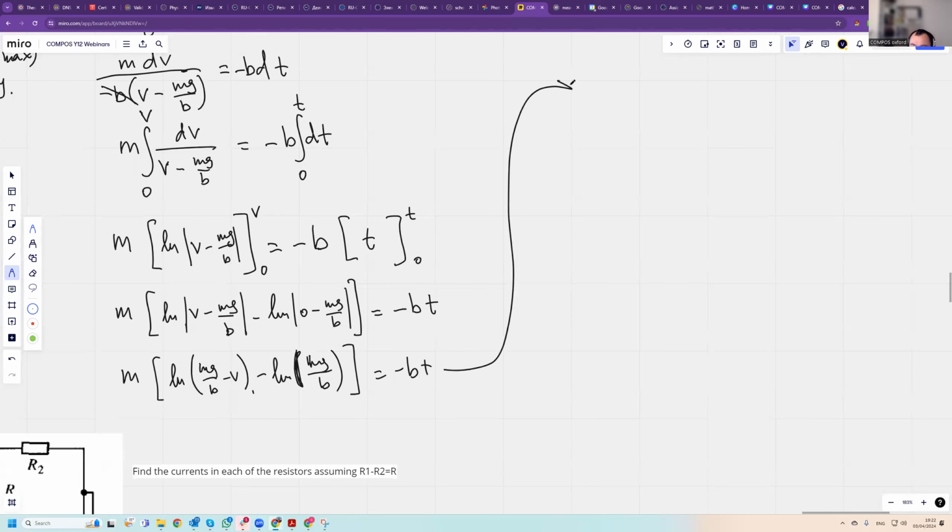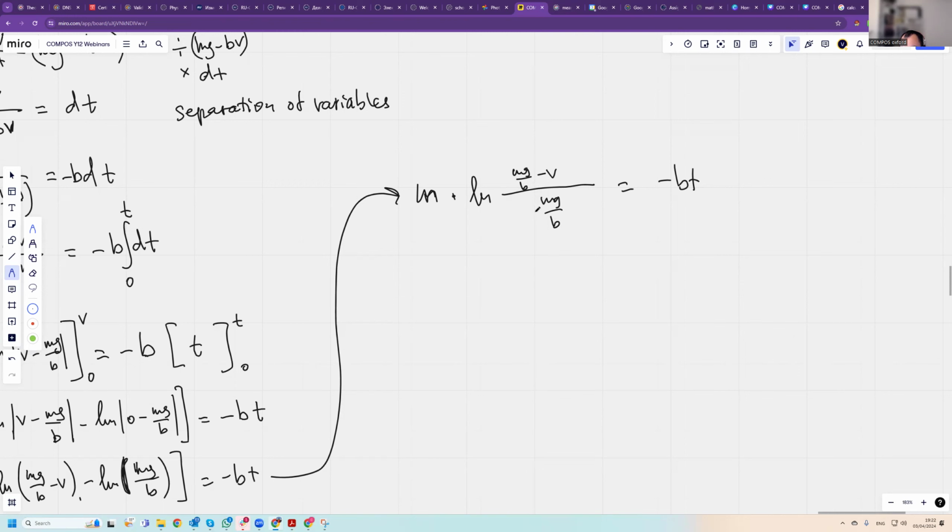So from here, I have m multiplied by logarithm of mg over b minus v, over mg over b, equals minus bt. What can I do here? I can multiply everything by b.